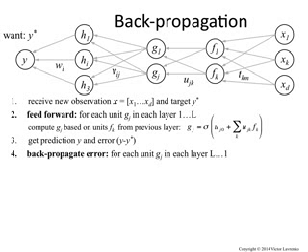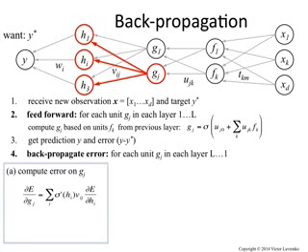And once we figure those out, we're going to use these values to figure out if g1 should be higher or lower. So what you're doing is creating sort of synthetic training examples for all the hidden units in your network.